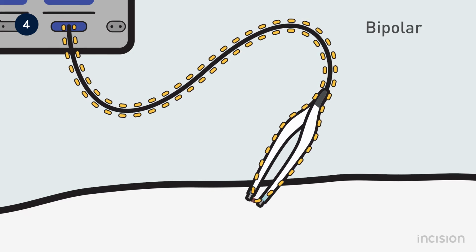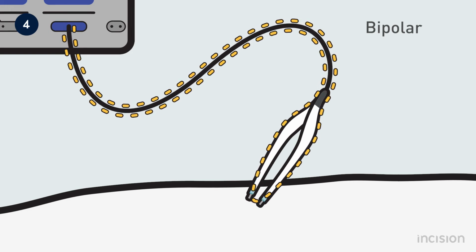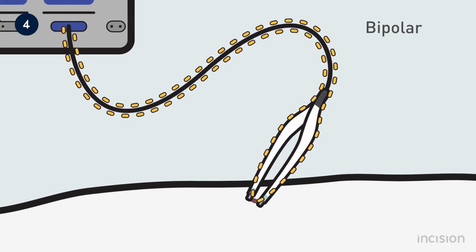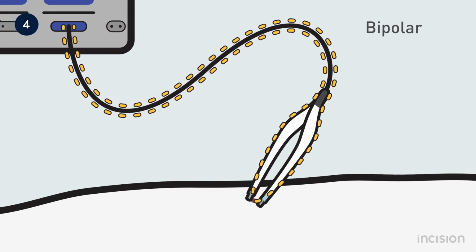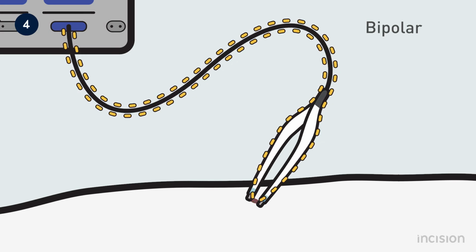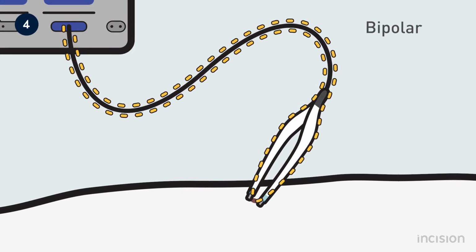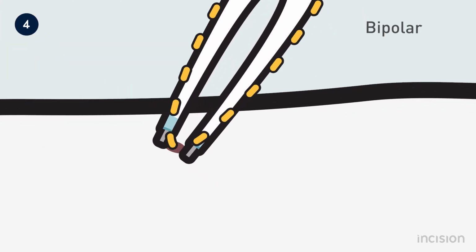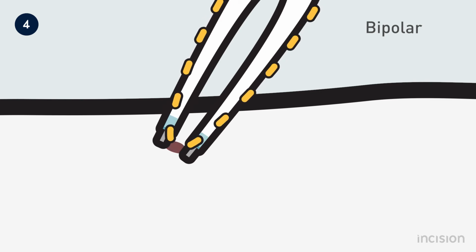This is directly connected to the electrosurgical unit, and no additional electrodes are required. To clarify and simplify the animations, direct current is shown instead of the actual alternating current. Due to the placement of the electrodes, only the tissue grasped between the two electrodes becomes a part of the electrical circuit and will be affected.